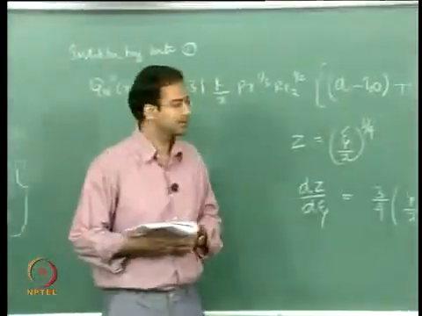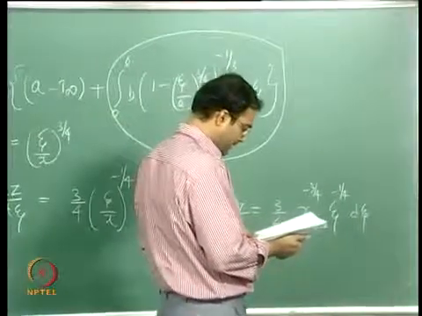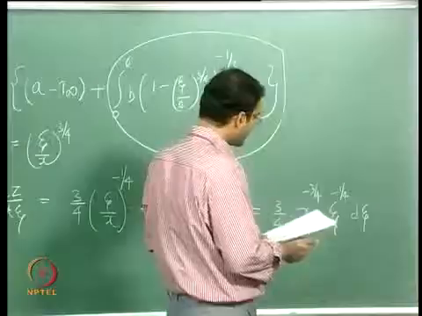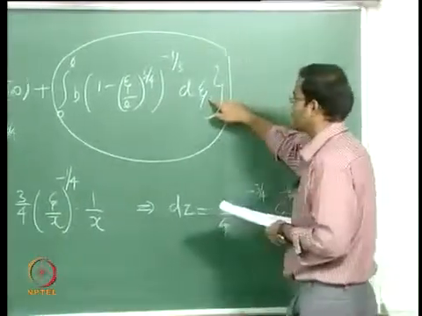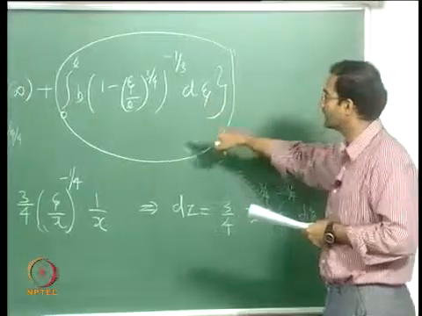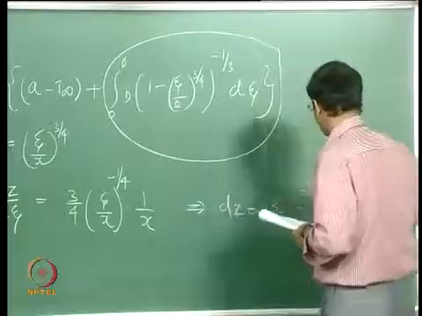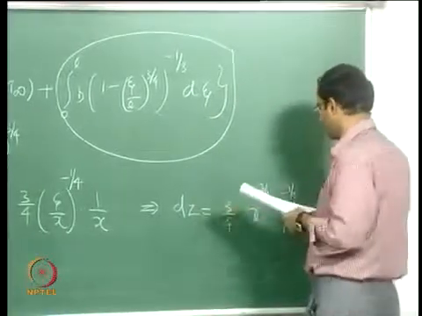Alright, I am just doing some algebraic manipulation there. So therefore now I can transform these variables from d zeta to dz, okay. So I can substitute for zeta by x to the power 3 by 4 as z, and d zeta I can substitute in terms of dz.